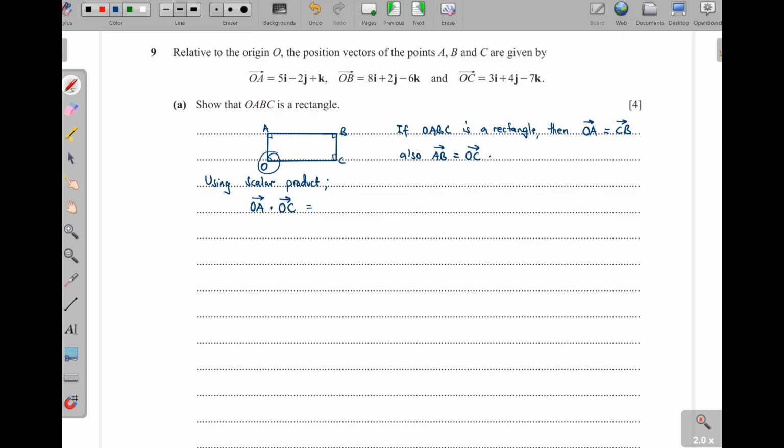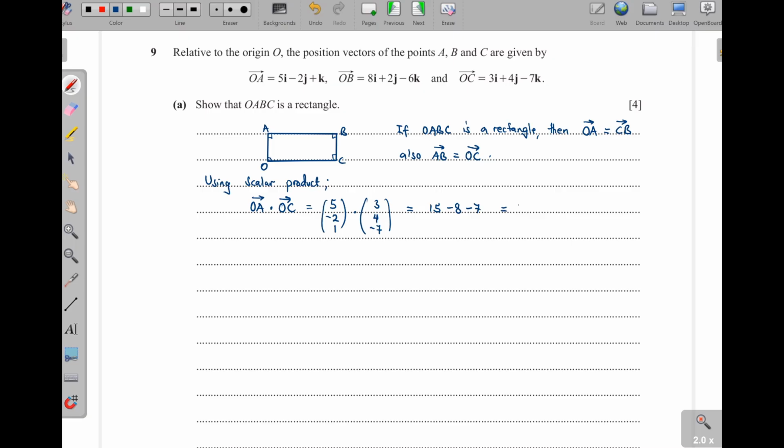Is it really 90 degrees? So OA is 5, -2, 1 from here. Then our OC is 3, 4, -7. So what do we have here? 5 times 3, that is a 15. Then -2 times 4, that is -8. And then 1 times -7, you get a -7.